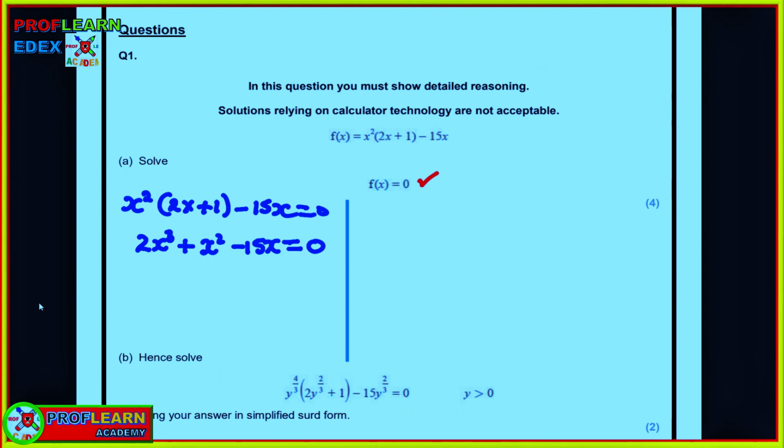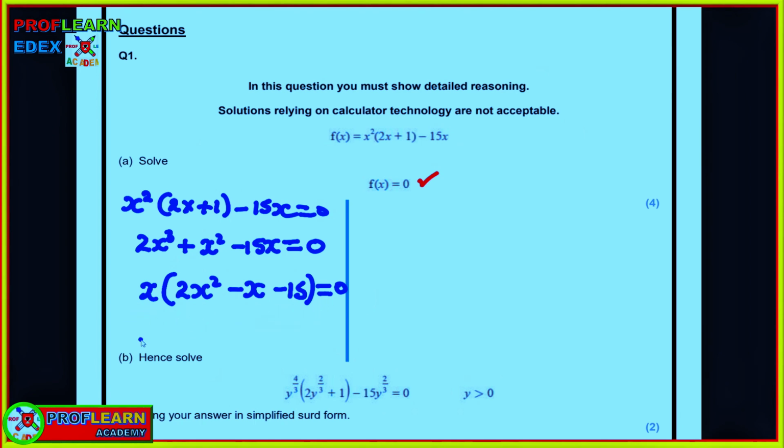Now to deal with this cubic function, we are going to factor out x so that we have x times (2x squared plus x minus 15) equals 0. Now you can see we are having a scenario whereby x times something equals 0.